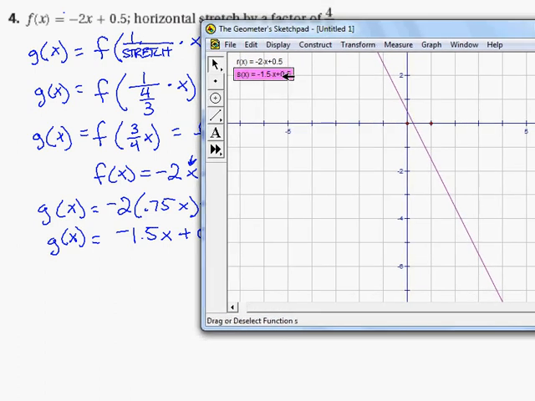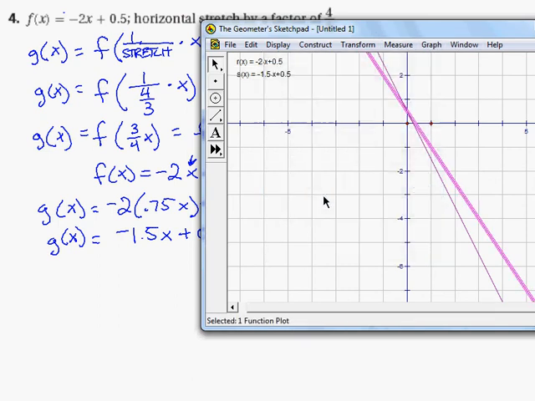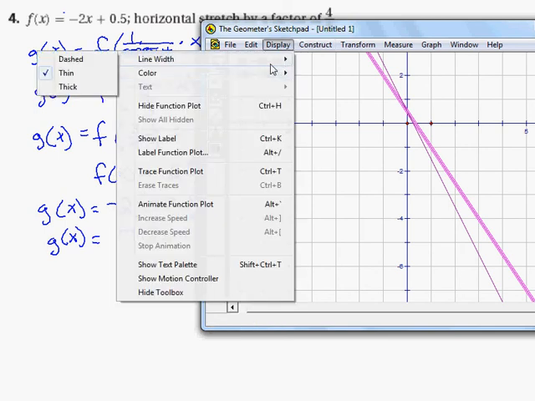Did I not plot that? Hold on a second. Graph, plot function. There we go.